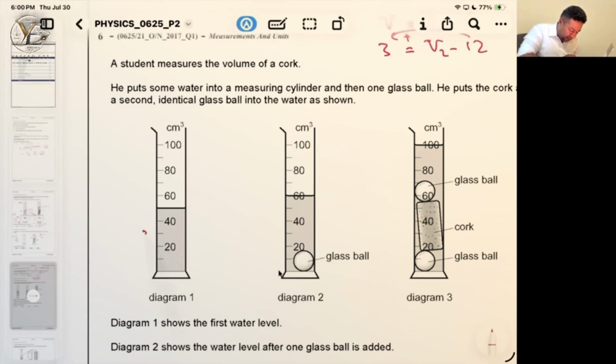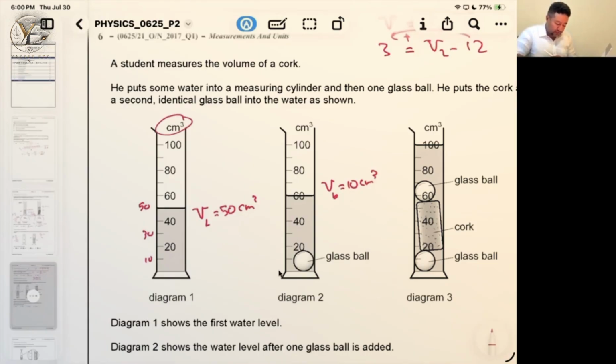So here we have 30, here we have 10, here we have 50. So the volume of the liquid, V of the liquid, equals 50 cubic centimeter, because here is the scale. And the volume of the glass bowl is the difference between them. So the volume of the bowl equals 10 centimeter cube.